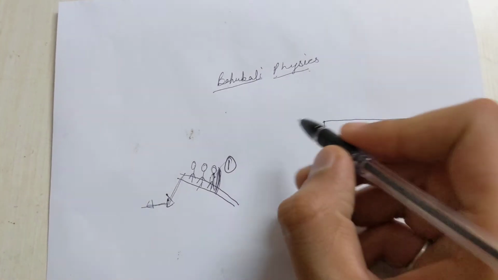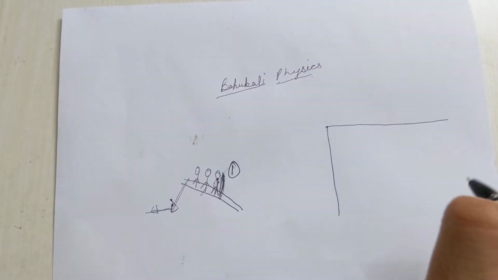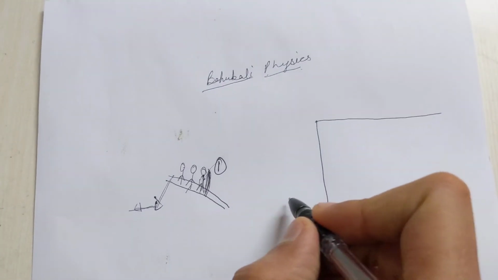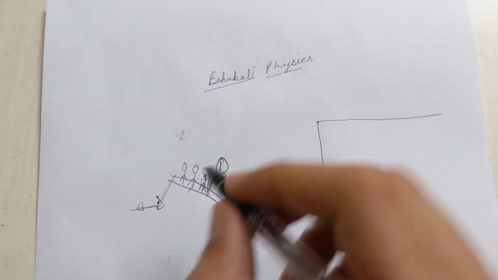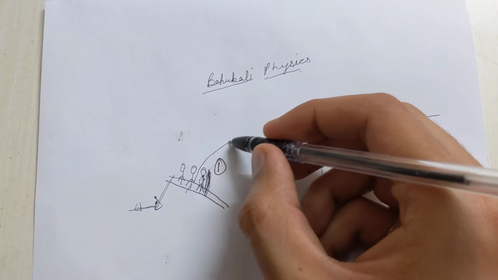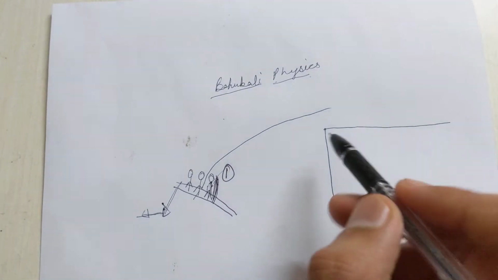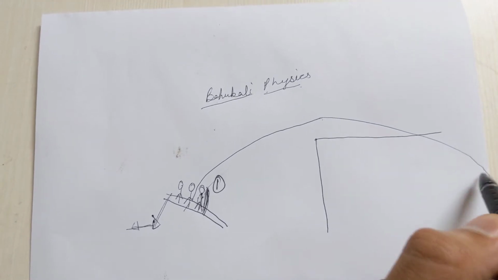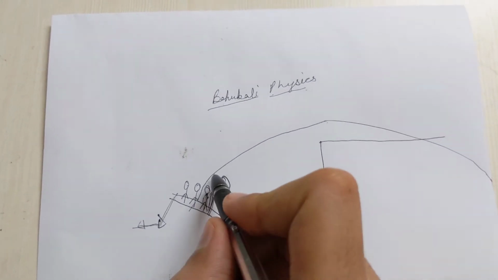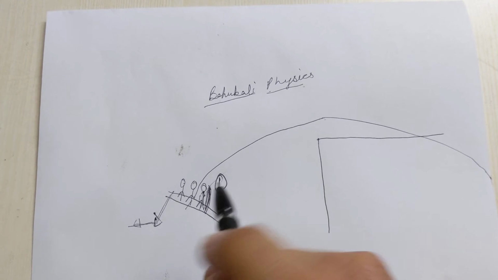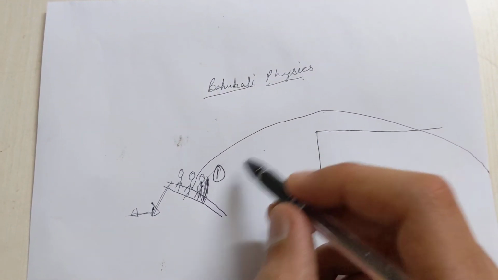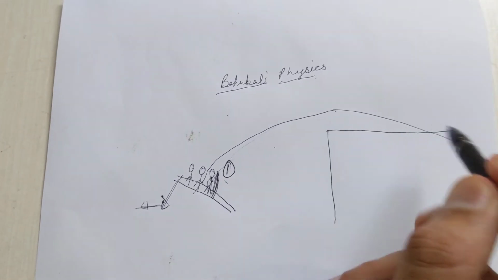So for example, this was a projectile motion. So what is a projectile motion? If an object starts from here and then goes to here and then again goes down, that is called a projectile motion. Like if I am standing here, I throw a stone in the air towards someone, then it is a projectile motion.